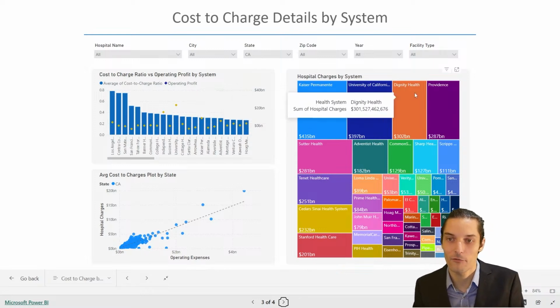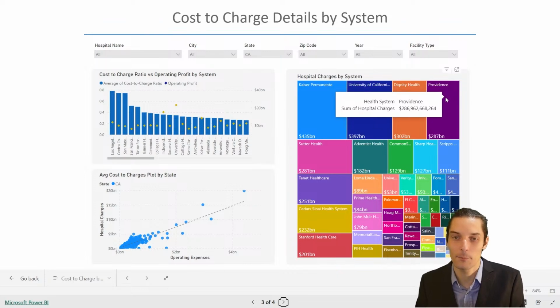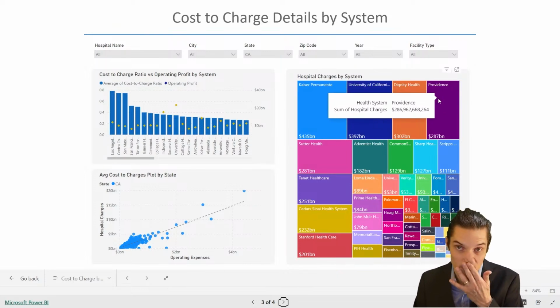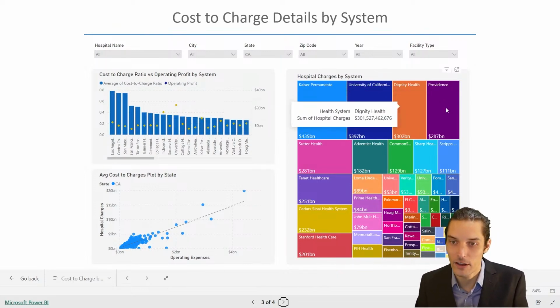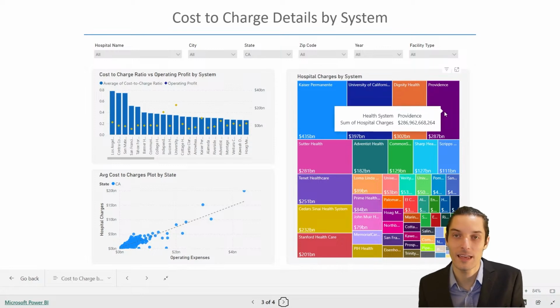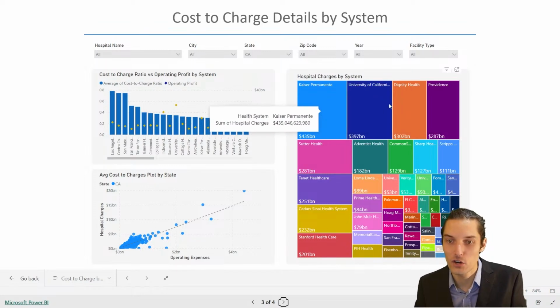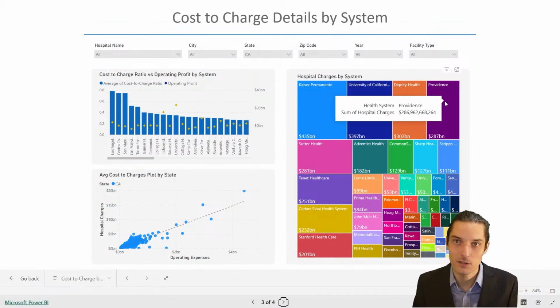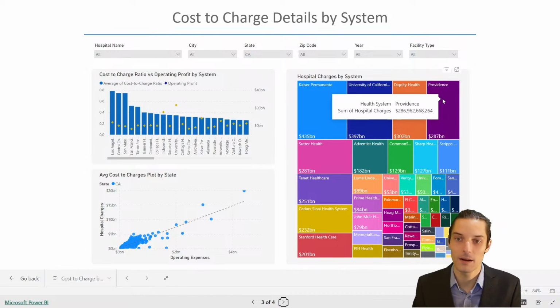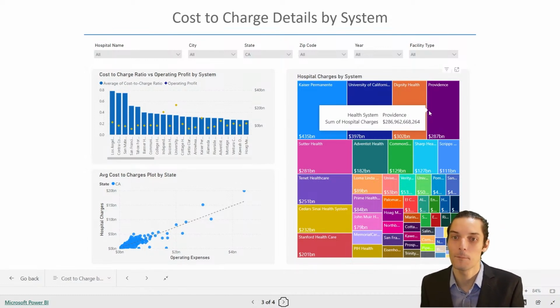Likewise, University of California, Dignity Health, and Providence are also your top. These are your top 4 healthcare systems that you're going to choose. And so within your city or specific area, these are the top 4, and then you subsequently need to use a specific insurance company that will then be able to be within these systems.